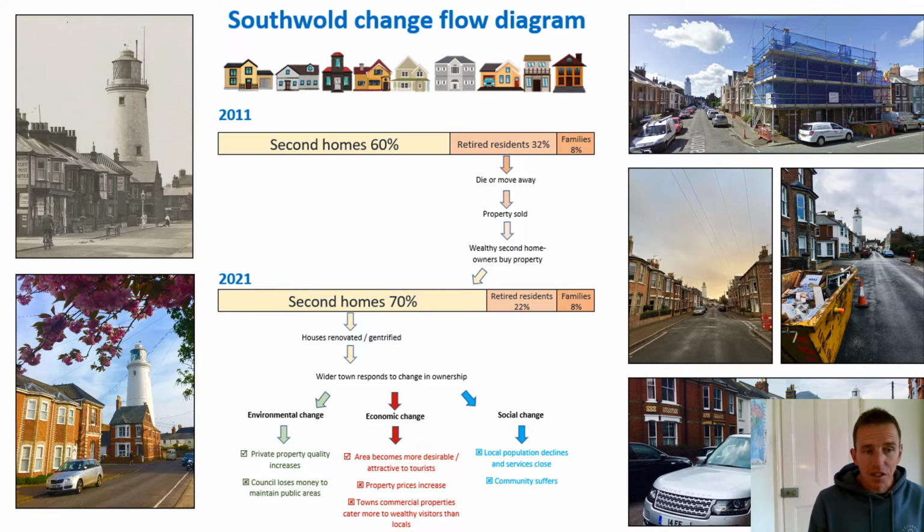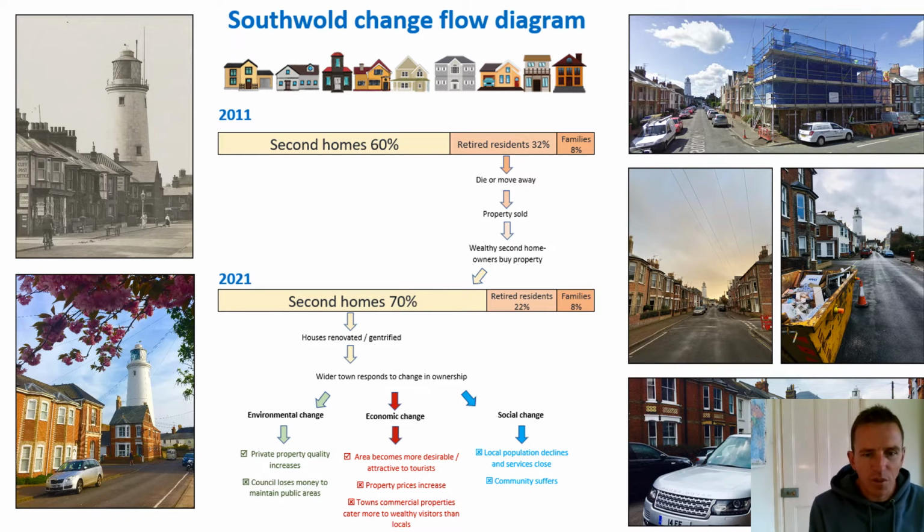And so some students, and in fact this is a very popular thing for students to look at, look at the identity and the change over time that's happened within Southwold High Street as a result of the changing demographic and the increased amount of second homes that we have in the town.